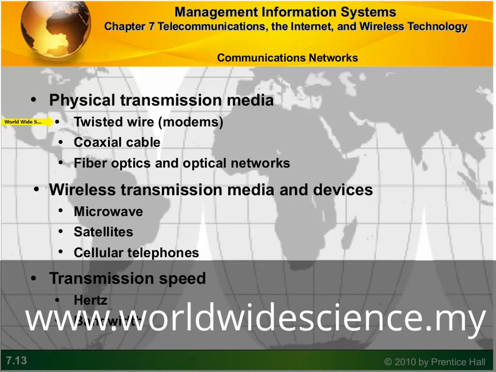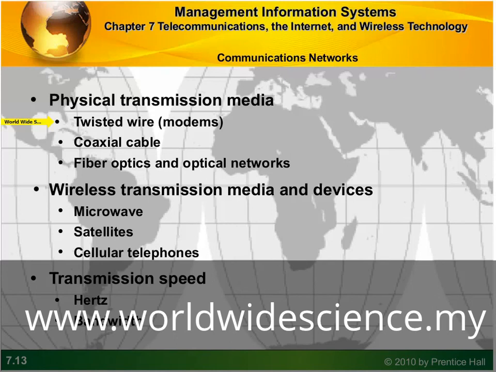The other one is coaxial. Coaxial cable is like the traditional cable we use for a TV antenna, and in older systems like bus, we use coaxial cable. The most recent technology is fiber optic cable.